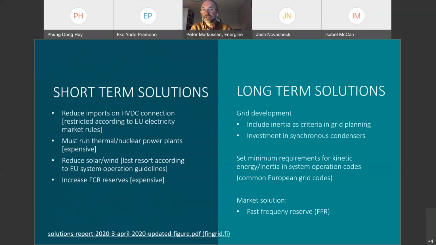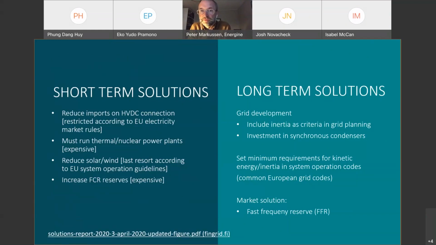So if we then look at the solutions, so what can we do about these low inertia situations? What has been done historically, because it has been quite seldom that we have had inertia situations, could be to reduce imports on our HVDC connections, but that is restricted according to EU electricity market rules.